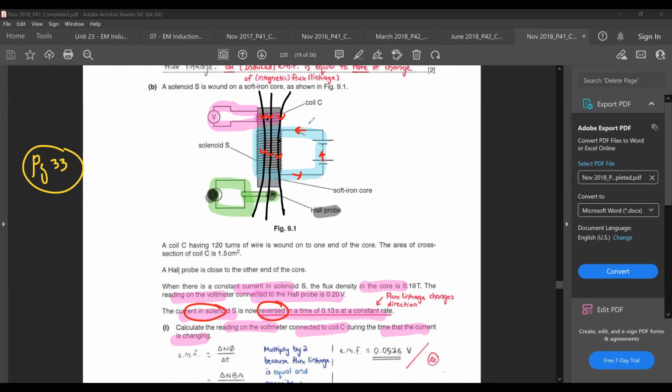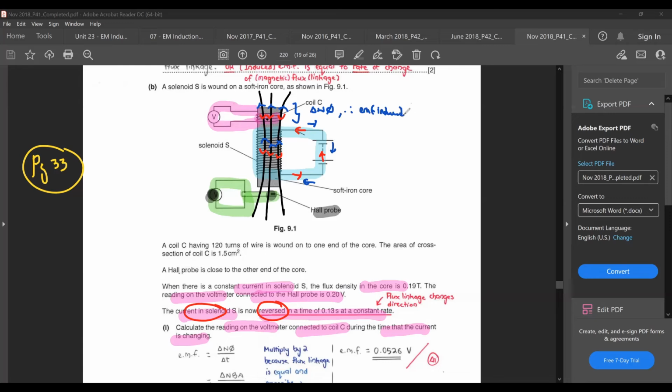So when current is reversed, that would mean that the direction of the magnetic field or your magnetic flux linkage will change, right? So here, you will have change in flux linkage. Therefore, EMF will be induced.